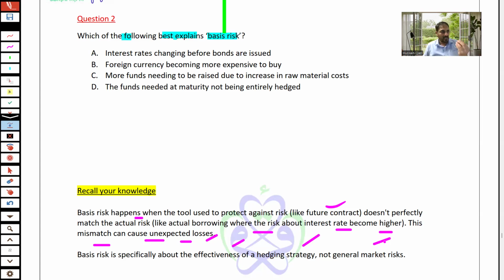Very simple example. For example, I wanted to hedge $102,000, which I expected to pay after 2 months.